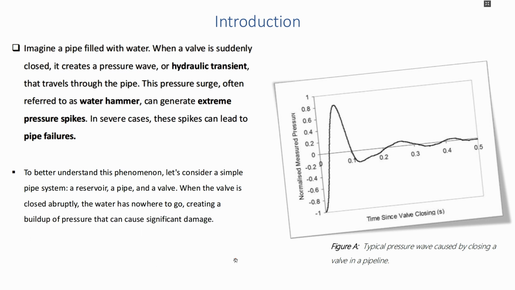This pressure surge, often referred to as water hammer, can generate extreme pressure spikes, and this can cause severe pipe failures. In this figure, this represents a typical pressure wave caused by a closing valve in a pipeline.